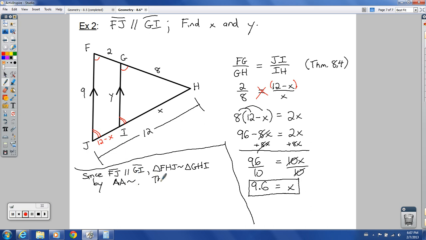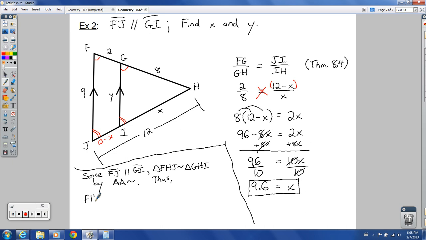and so therefore I can set up a proportion. So I'll say thus, and my proportion here would be these parts are going to match up. Well, I know what FG is. I also know what GH is, and I also know, based on what's here, I know what FH is. I know the whole thing has got to be 2 plus 8, which is 10. So I'm going to go that route.